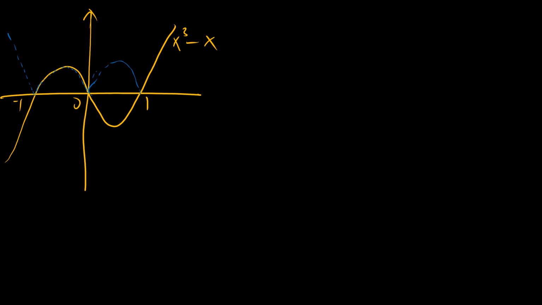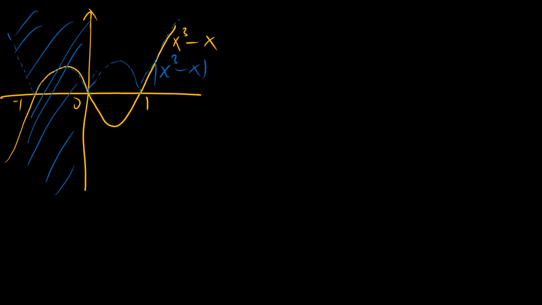So the important thing to see here is that this is x cubed minus x absolute. The values on the negative side are the same as the values on the positive side.